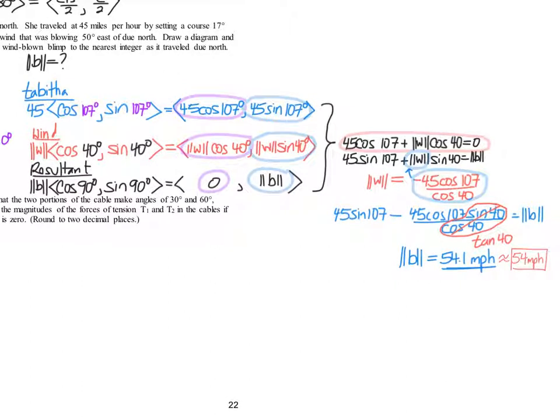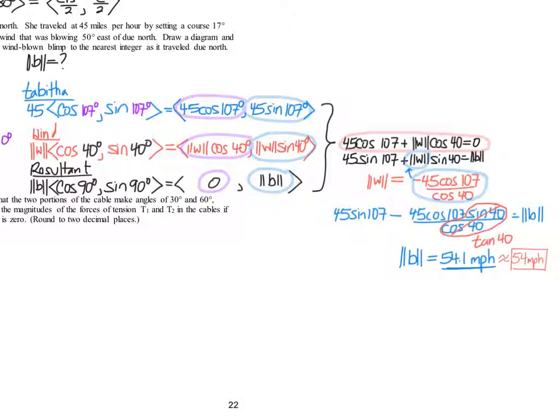It looks like the blimp was being helped by the wind, and that seems to be supported by the diagram, because she aimed it west of north. The wind was blowing east of north at some velocity that I'm unaware of, and so are you. But it's blowing in the direction that the blimp was going somewhat.